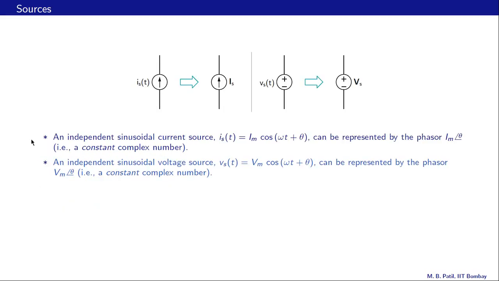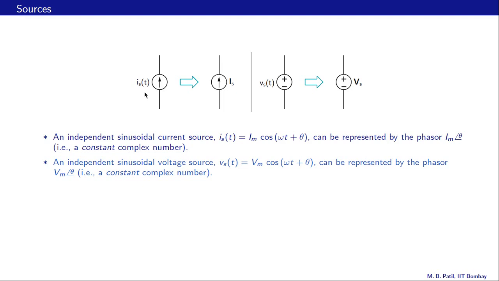Let us now look at sources: sinusoidal current source and sinusoidal voltage source. An independent sinusoidal current source Is of t equal to Im cos(omega t plus theta) can be represented by the phasor Im angle theta, that is simply a constant complex number.